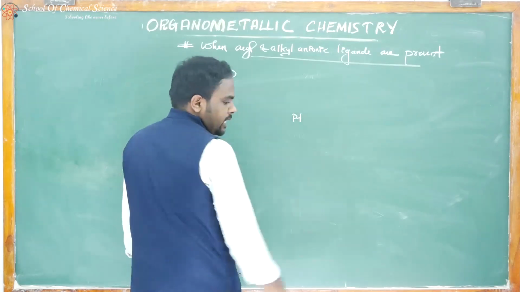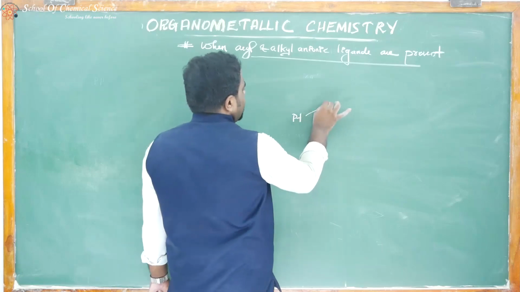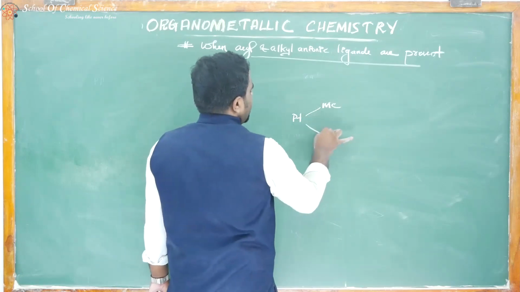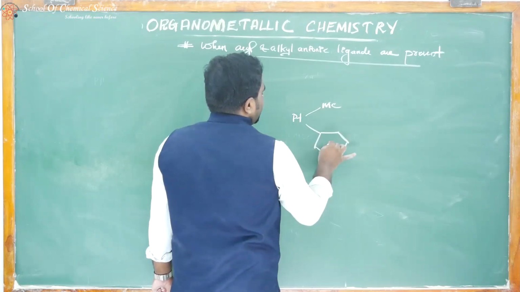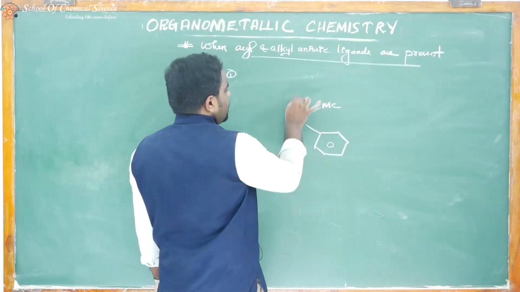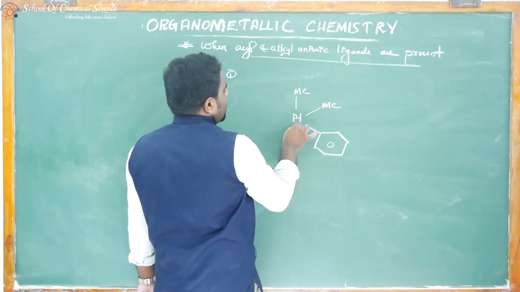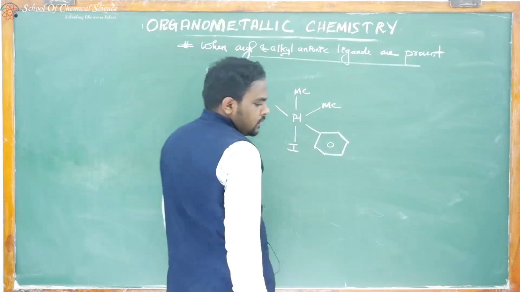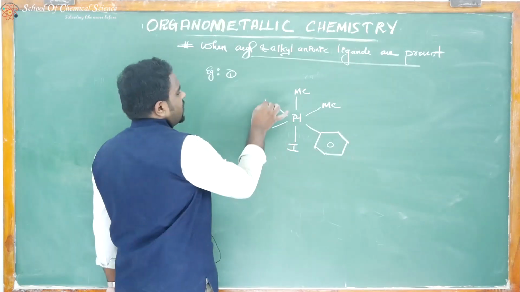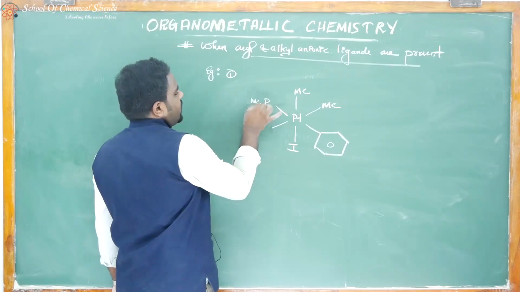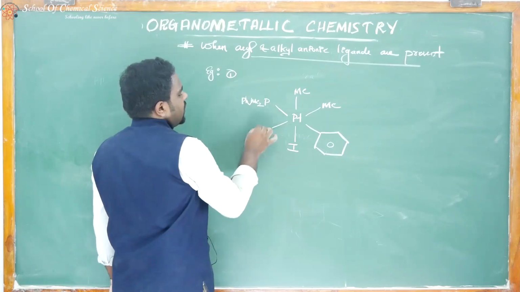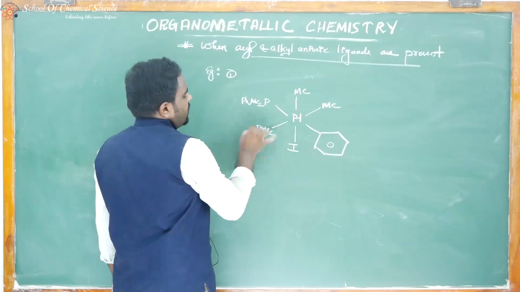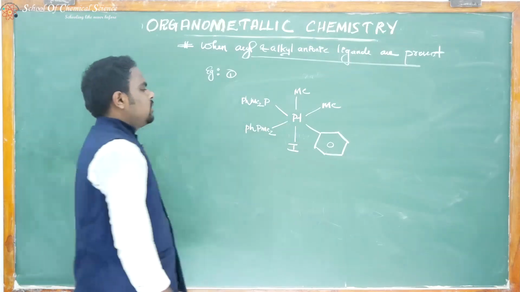Pt, platinum, methyl, here an aryl group, here Me, here iodine, here PMe2Ph. It's a worked out example. PMe2Ph, here also PMe2Ph.